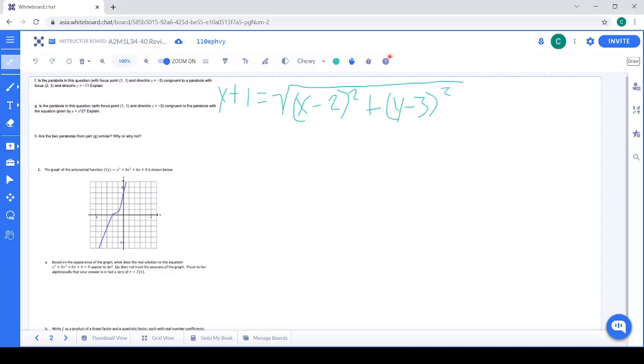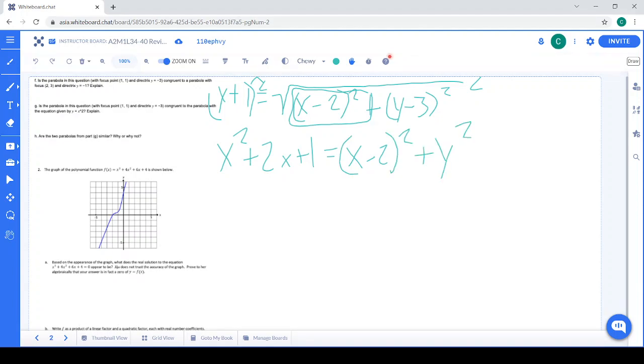Now we're just going to solve that. And look, we have this, which is what we want, so we're not going to mess with that. So let's square both sides to get rid of this radical. And when we do that, we're left with y squared plus 2y plus 1, and that is equal to x minus 2 squared plus y squared minus 6y plus 9.